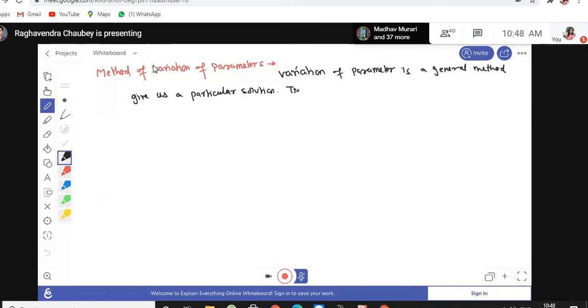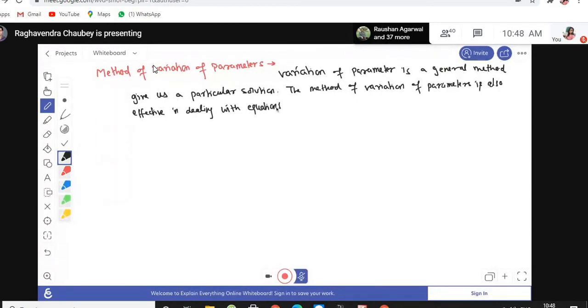The method of variation of parameters is also effective in dealing with equations with variable coefficients.